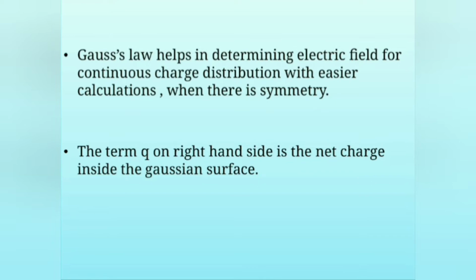The term Q which appears on the right hand side of the Gauss law relation, Q by epsilon naught, represents all the charges which are inside the Gaussian surface. I repeat, Q appearing on the right hand side of the equation is only the charge present inside your chosen Gaussian surface.